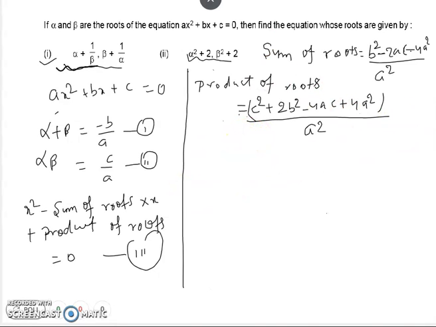So what is the value of sum of roots, guys?